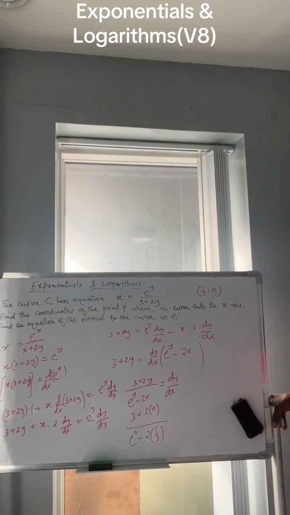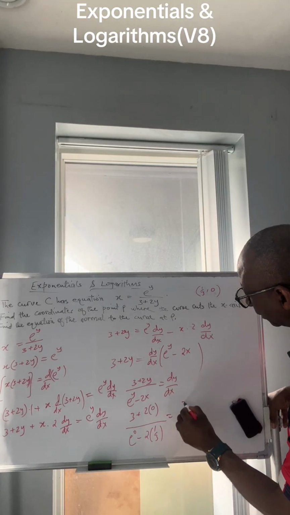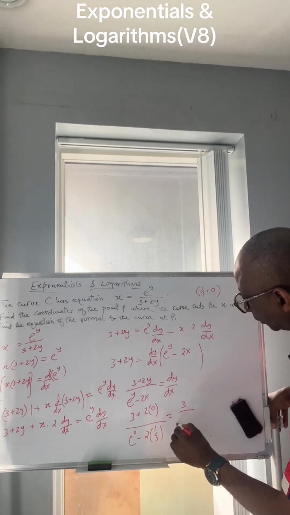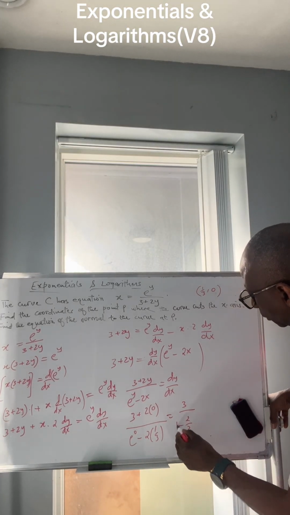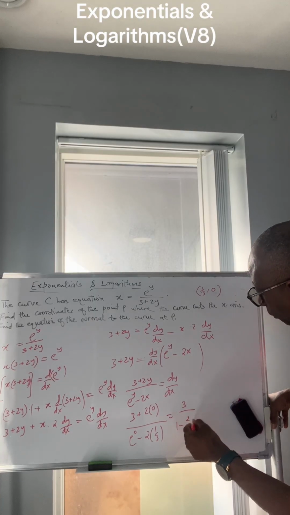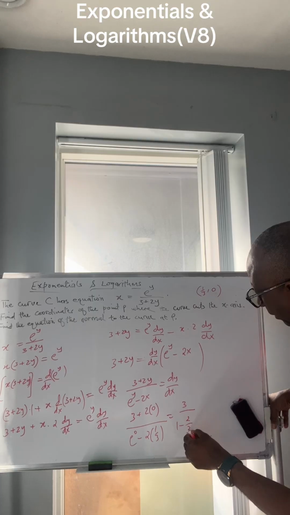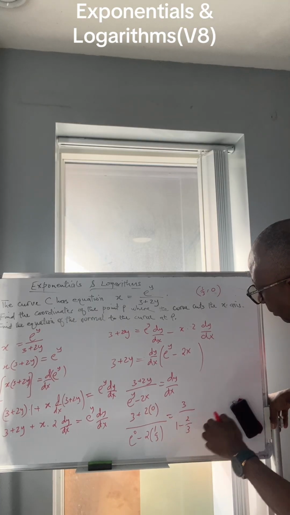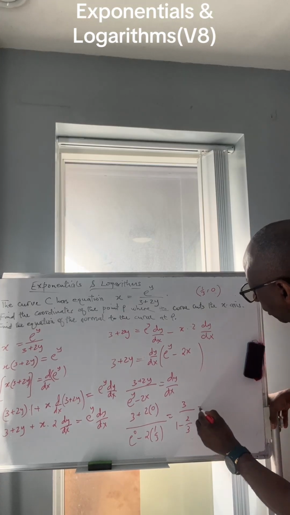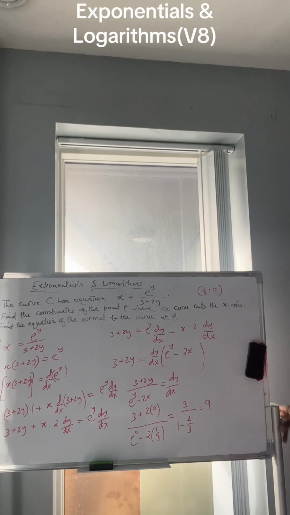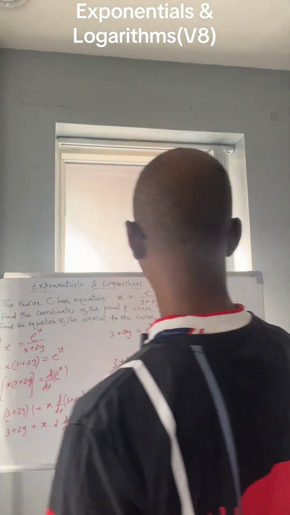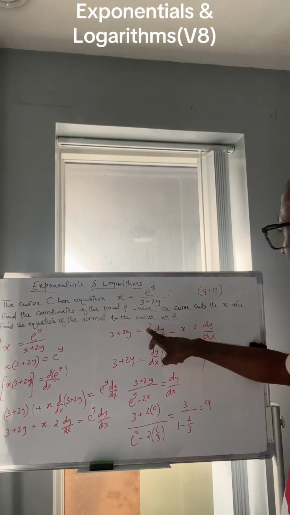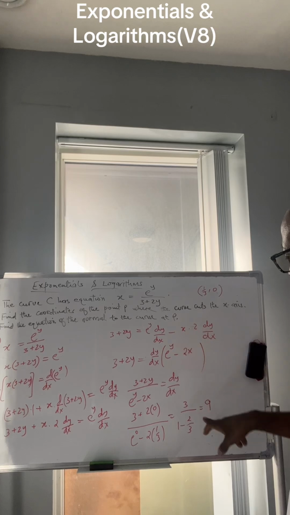So this gives you 3 divided by e raised to the 0 is 1 minus 2 all over 3. So 3 minus 2 is 1, over 3. So this boils down to 9. So the gradient of the tangent to the curve at point P is 9.